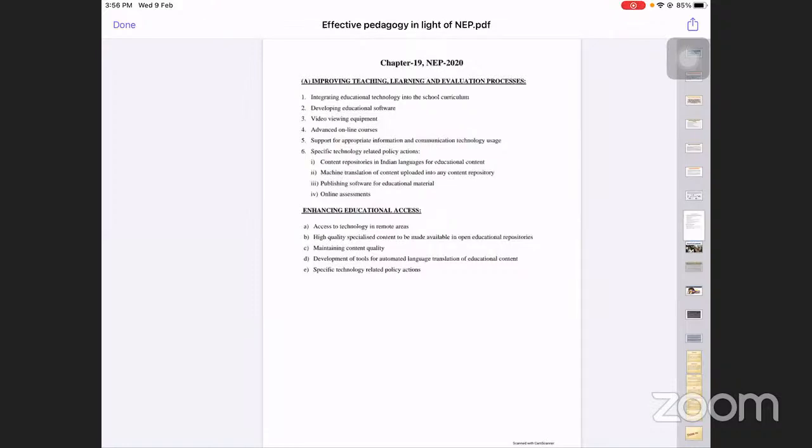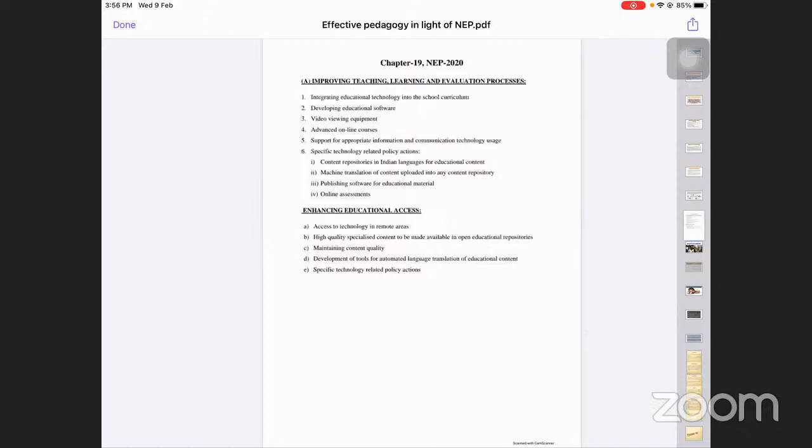So these are all related to the technologically sound system, where educational institutions are using technology in the classroom in the form of video, in the form of other kinds of machines. So these should all be developed in institutions in order to make the students much more familiar with ICT devices.